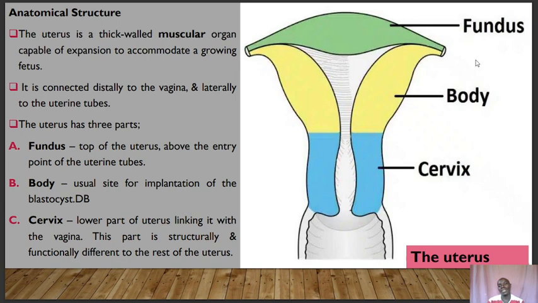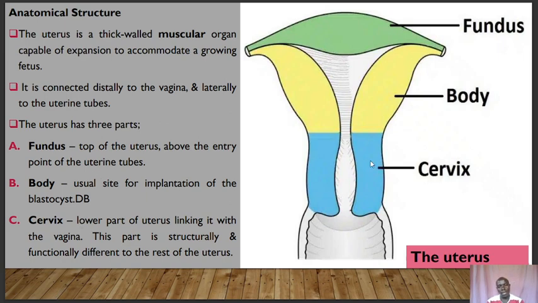Remember, the blastocyst has to move from the fallopian tubes to the uterus for implantation, and when implantation happens, the endometrium ceases to be referred to as the endometrium and is referred to as the decidua. The exact point of implantation is what we normally refer to as the decidua basalis. Right? The decidua basalis.